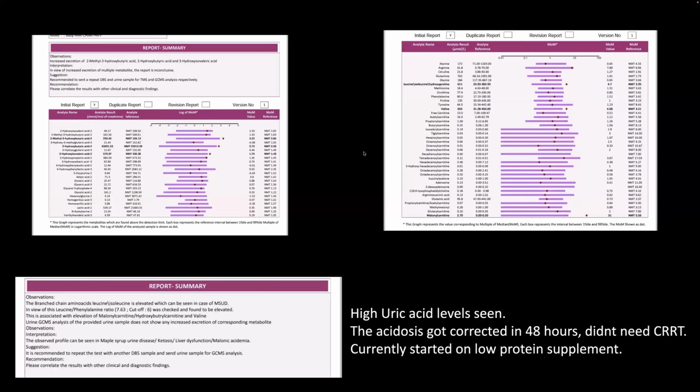Because if I have to start a diet for this child, right now I'm giving a low protein supplement, but ultimately I cannot wait till the report of the genetics to give her the proper diet. I am thinking of going in terms of MSUD. Just wanted to discuss that point.